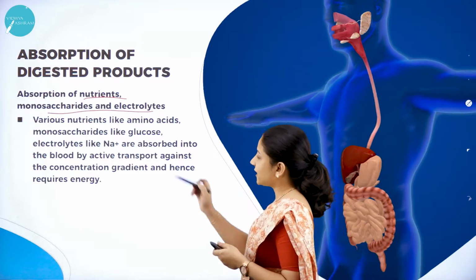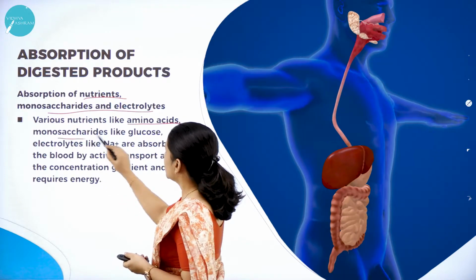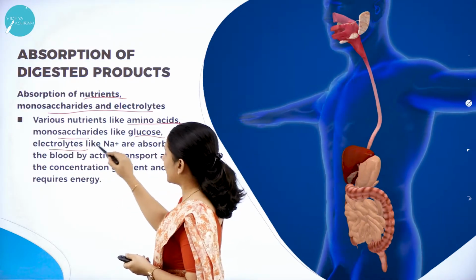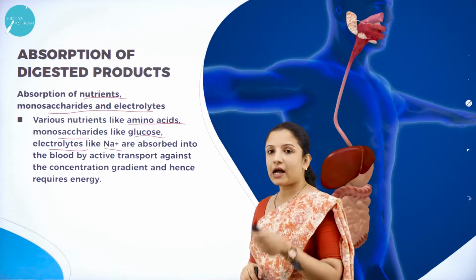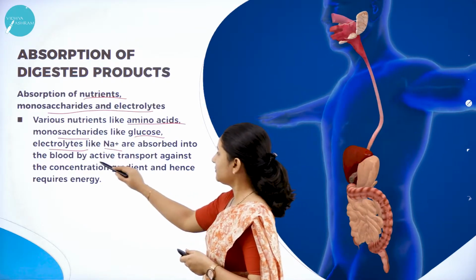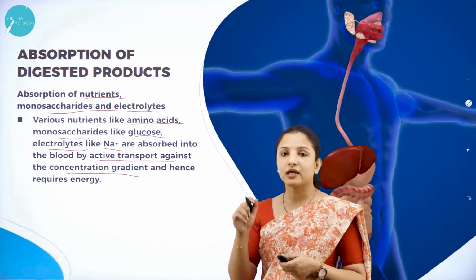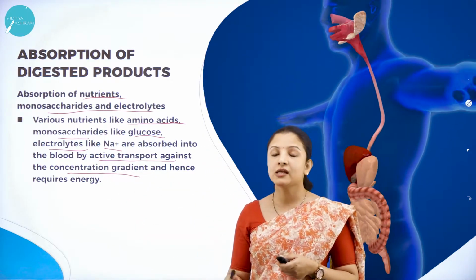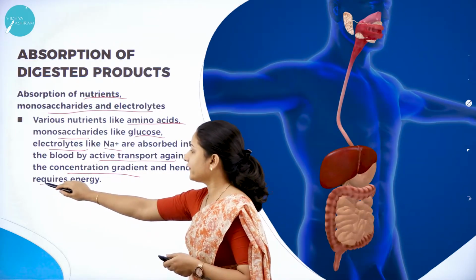Next, talking about the absorption of nutrients, monosaccharides and electrolytes. Various nutrients such as amino acids, monosaccharides like glucose, and some electrolytes like sodium are absorbed into the blood by an active transport mechanism against a concentration gradient. Because it goes against a concentration gradient, it requires a lot of energy.